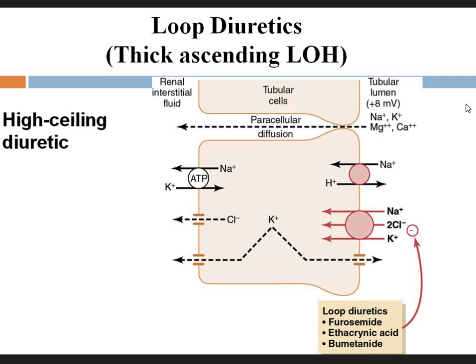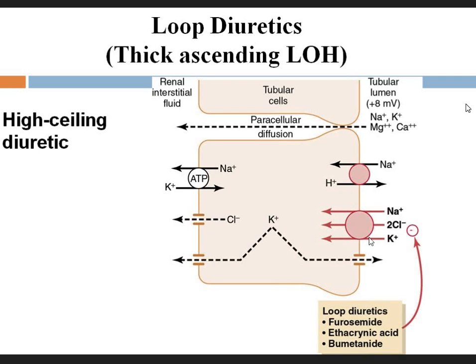Coming to the types of diuretics, first come the most efficient ones, known as loop diuretics. They are known as loop diuretics because they act at the loop of Henle, the thick ascending limb, and we are very much familiar with the important ion channel working here, the sodium potassium 2-chloride channel. We know how important this channel is and how much reabsorption of solutes it does.